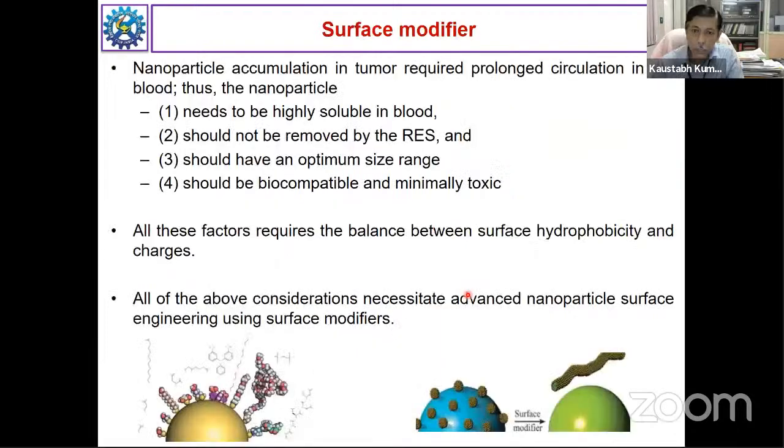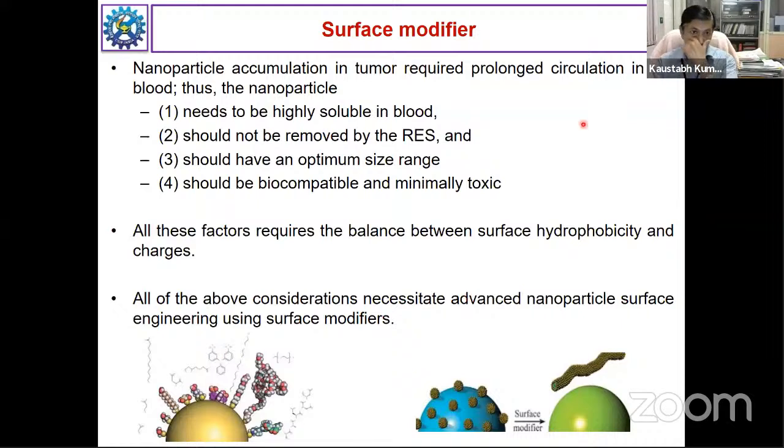So I'm going to give you the features. When we are considering nanoparticle carriers, we also need to think about what kind of barriers need to be overcome to deliver nanotheranostic moieties.